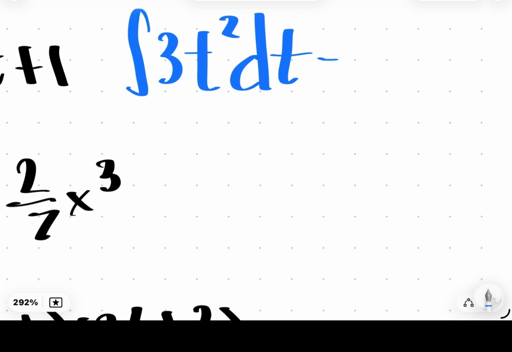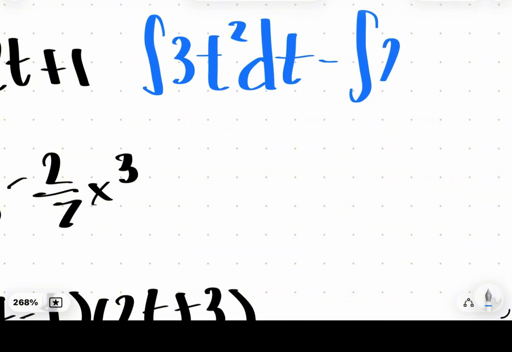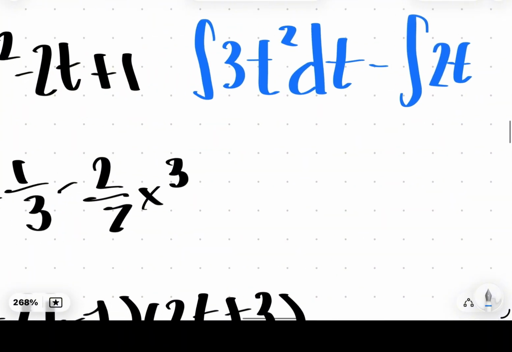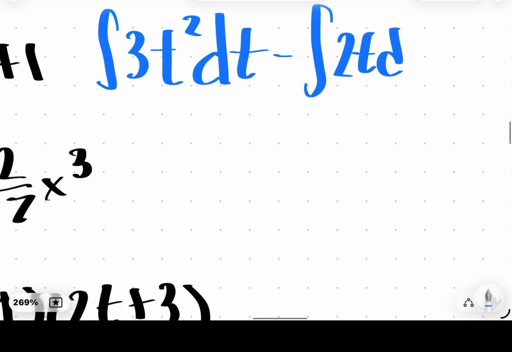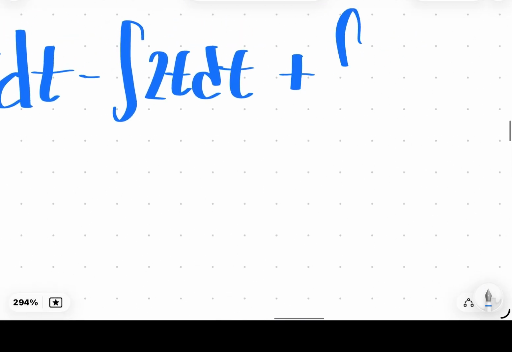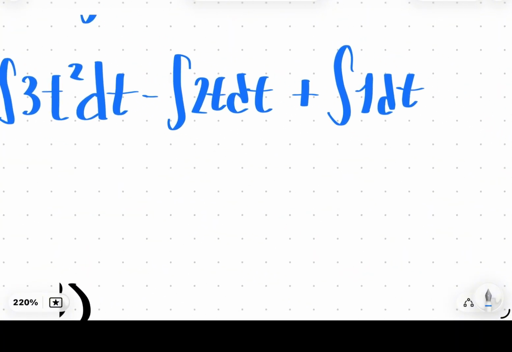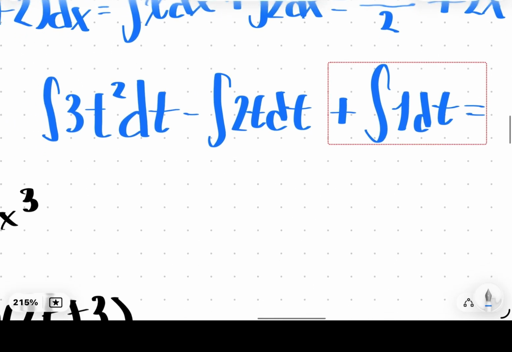And then minus, and that subtraction can be outside of the integral because it doesn't change anything, dt, and then plus the integral of 1 dt. So then it's the same thing as last time. We're using the reverse power rule.